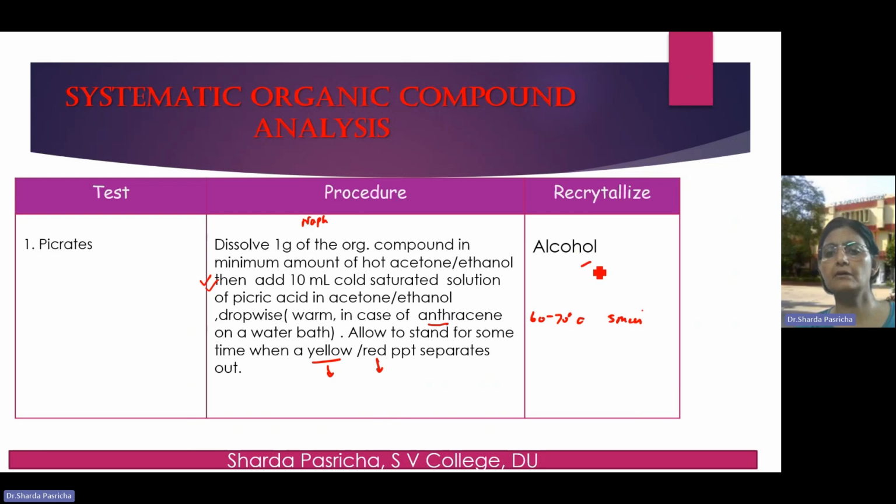So this is nothing but reaction between an electron rich and an electron deficient species. What is picric acid? Picric acid is 2,4,6-trinitrophenol.